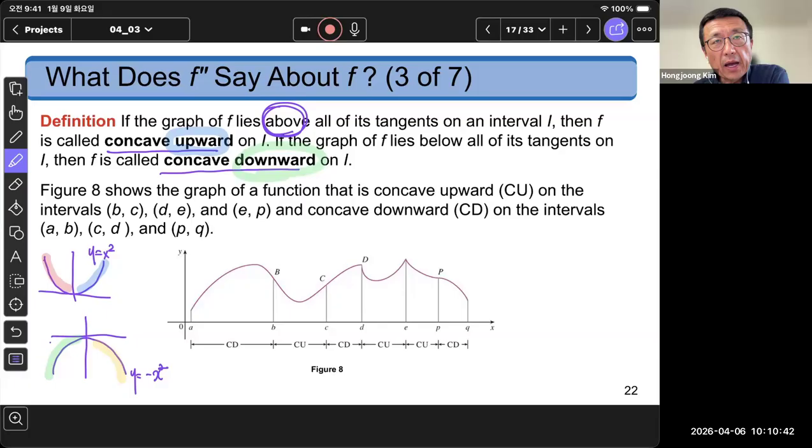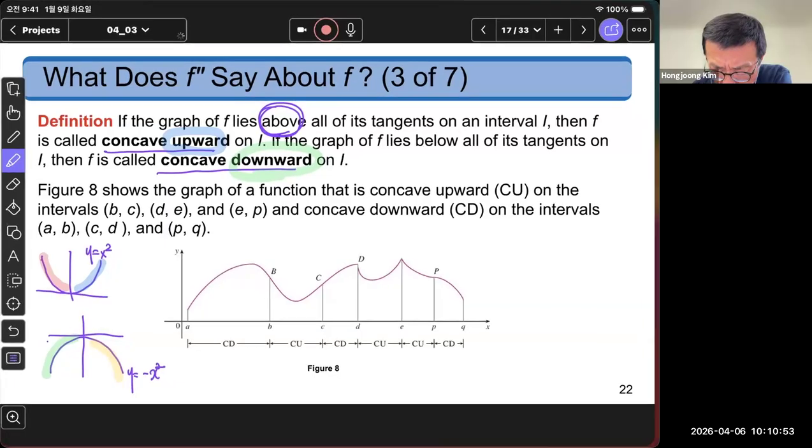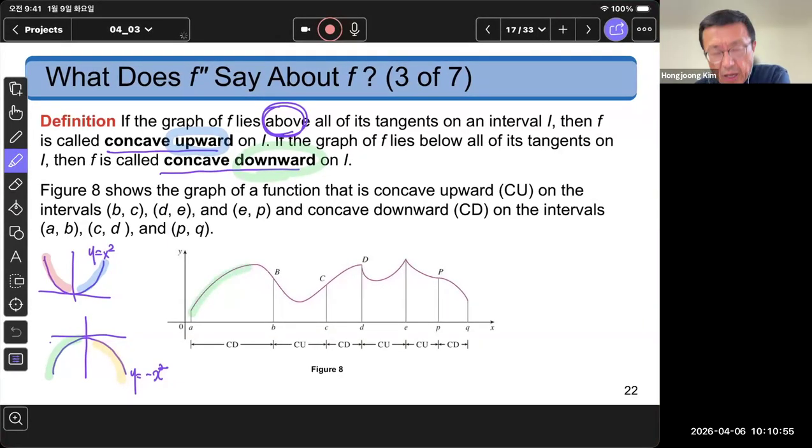So in figure 8, between A and B, the graph looks similar to the negative x squared graph. And then you see the pattern like this, so that between A and B, your graph is concave downward.